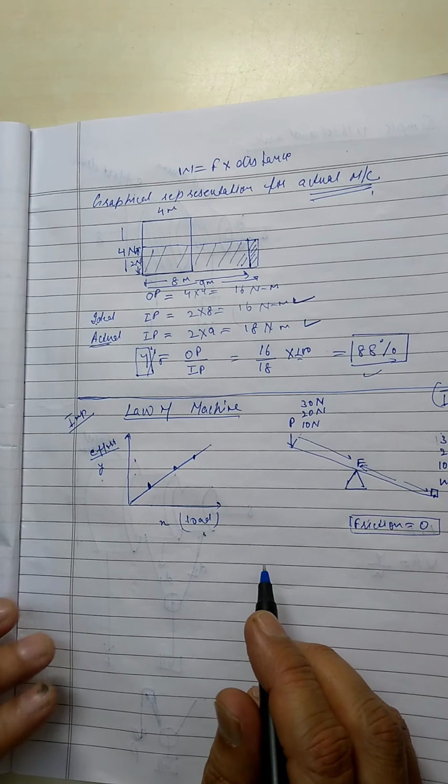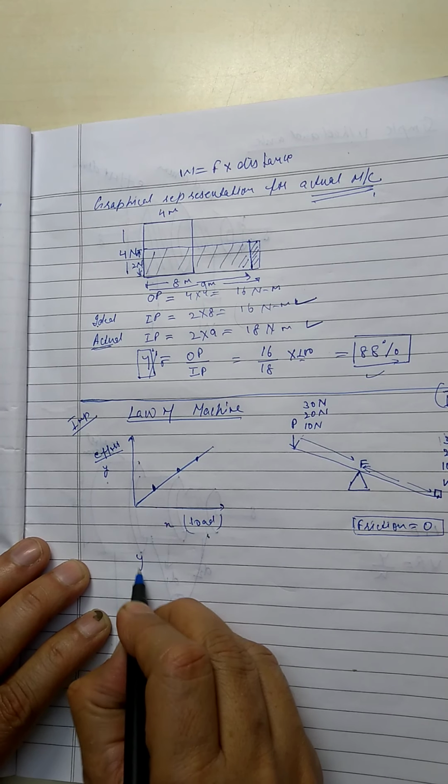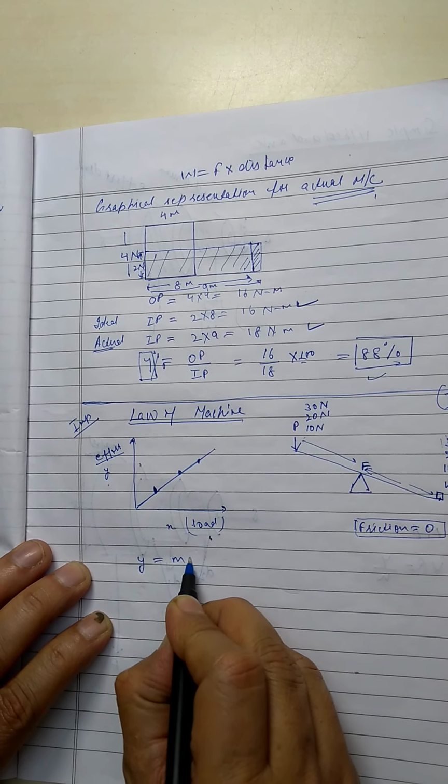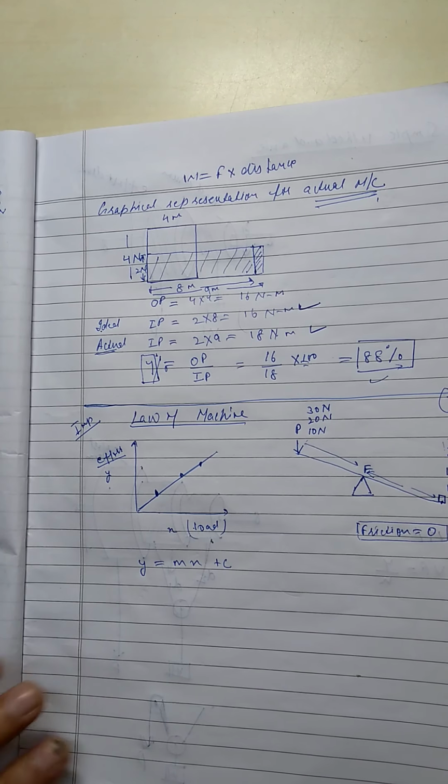Now, as you know, the equation of the straight line is y is equal to mx plus c.